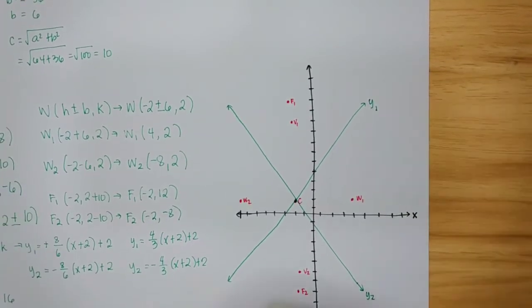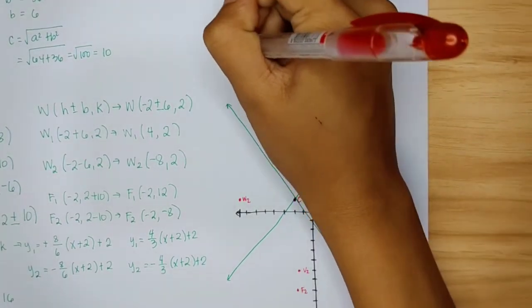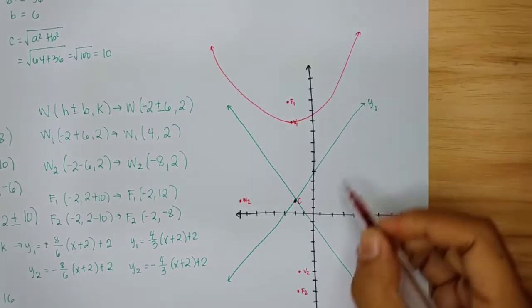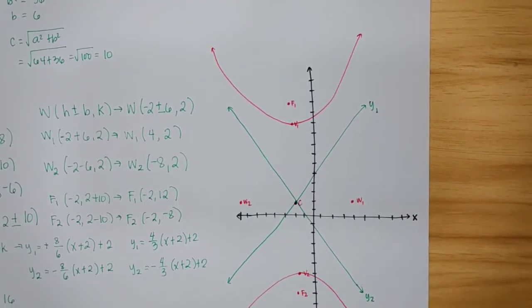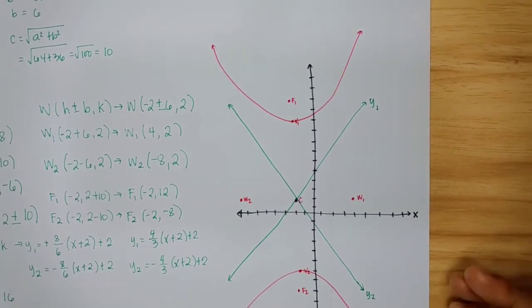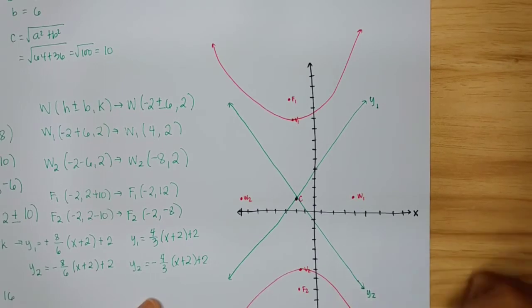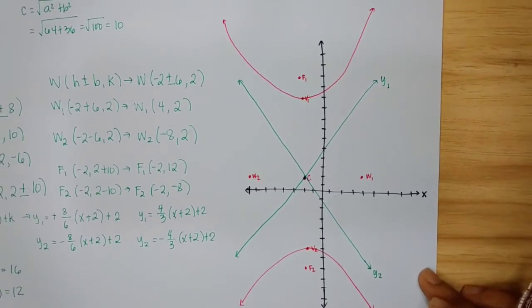Okay. So, how are we going to plot our hyperbola? Since this is vertical, so that will be this one. Ito yung magiging graph natin. So, ganyan. It will be dyan. Yan yung magiging graph ng hyperbola natin. So, pa-approach lang siya dyan. So, that will be, pa-approach lang din siya dyan. So, this is just a representation, ha?